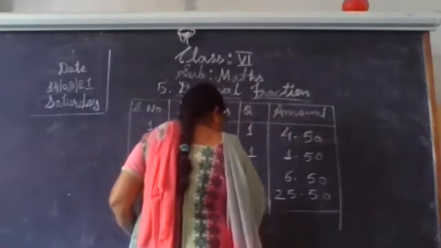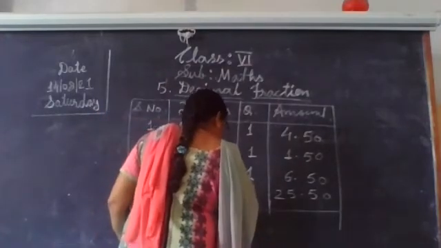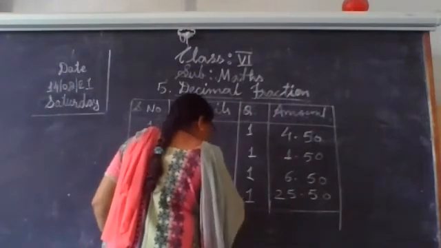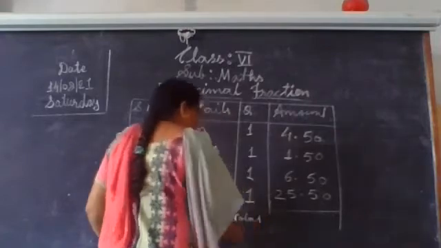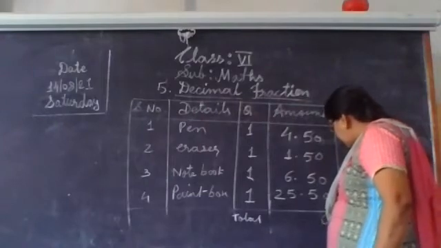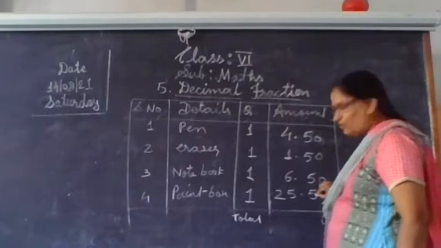So the total is, okay, listen. 0 plus 0 plus 0 plus 0, 0. 5 plus 5, 10, plus 15, plus 5, 20.